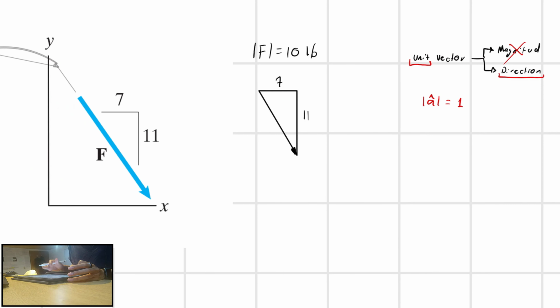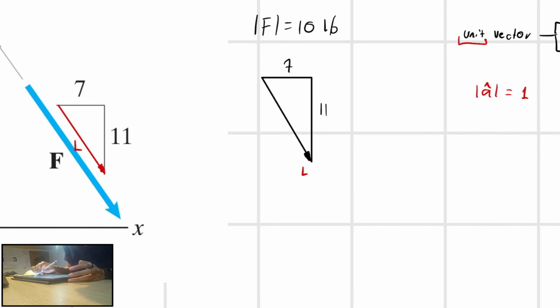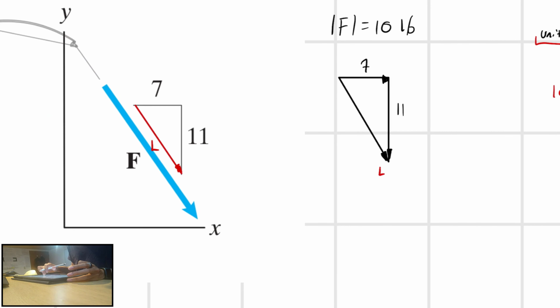As you can see, the vector F is pointing towards this same vector, which I'm going to call vector L. This vector L is given by two different components, the 7 towards this direction and the 11 towards this direction. The 11 is going to be negative because it is pointing contrary to the direction of the positive numbers for y.